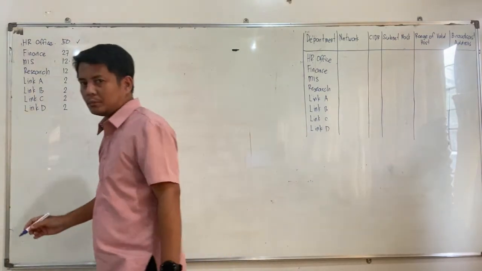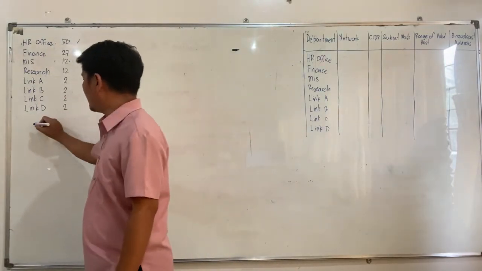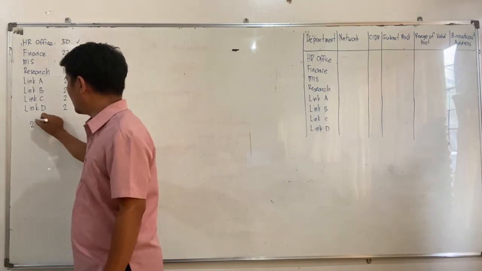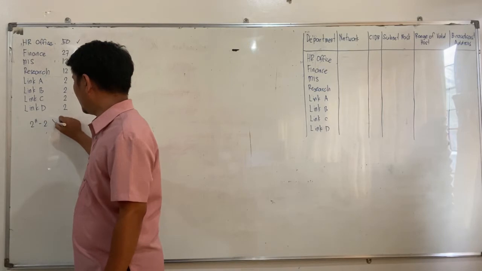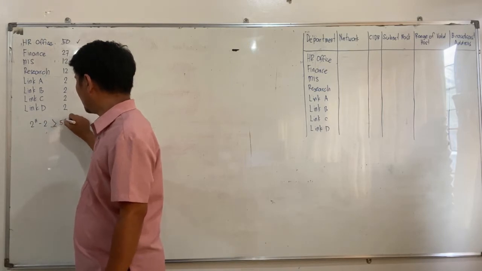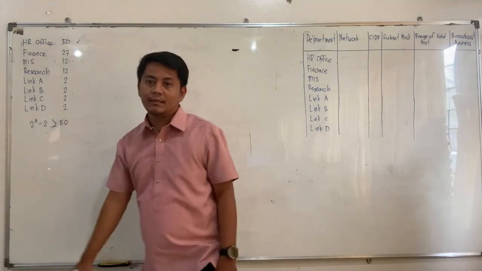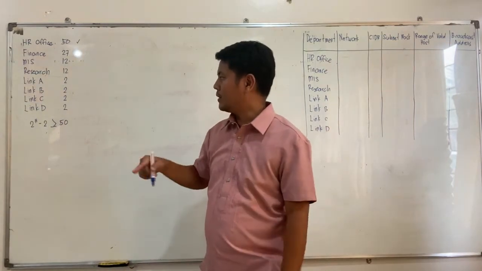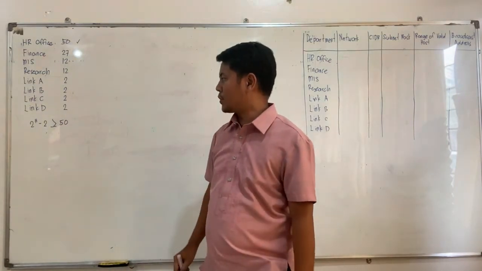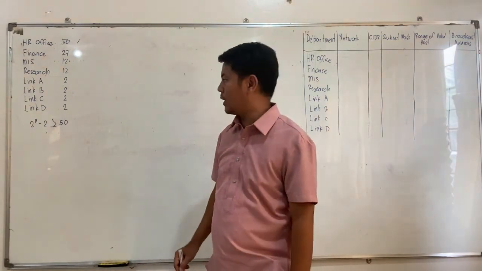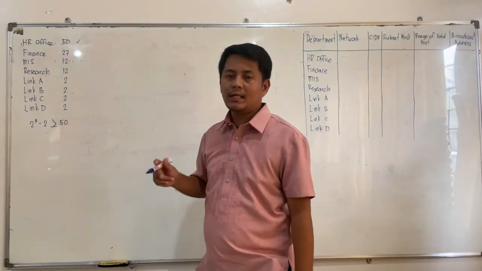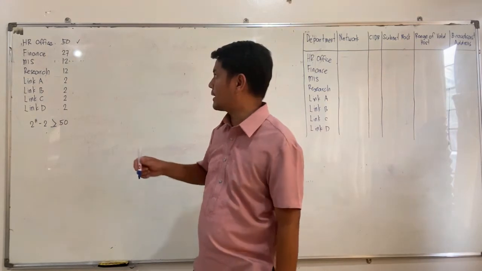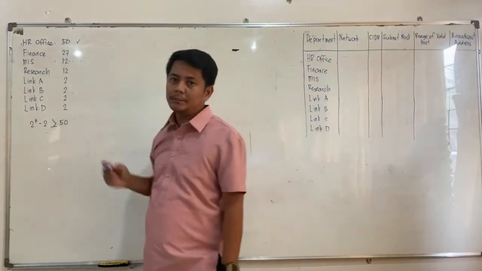So using the formula 2 raised to h minus 2 should be greater than or equal to 50, where h is the number of host bits to satisfy this number.